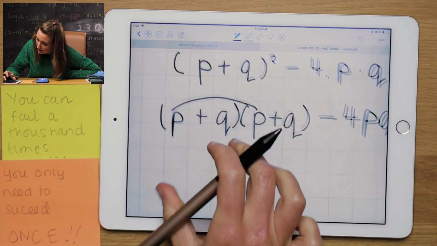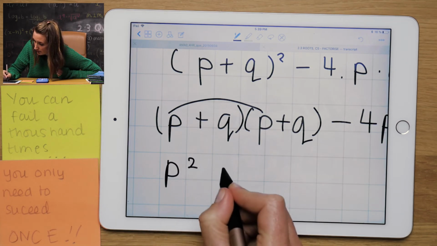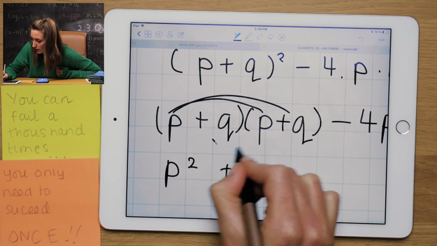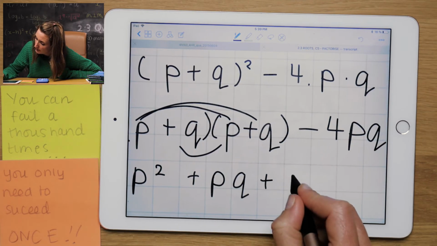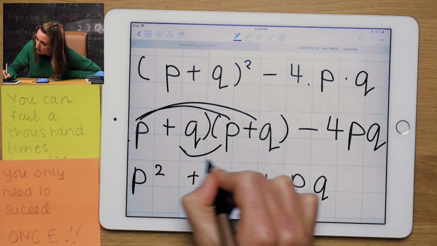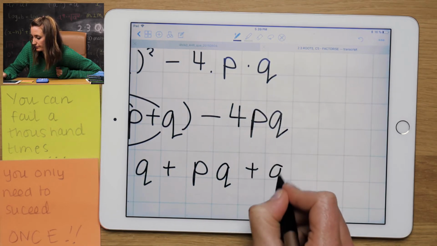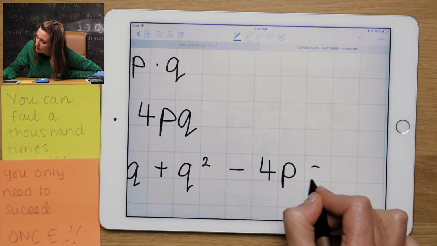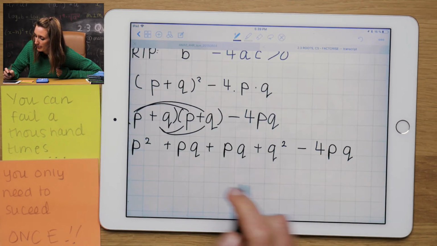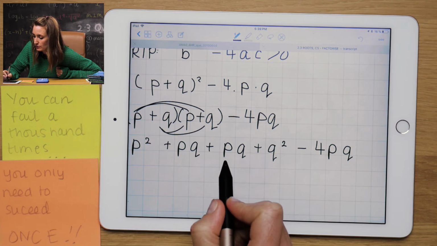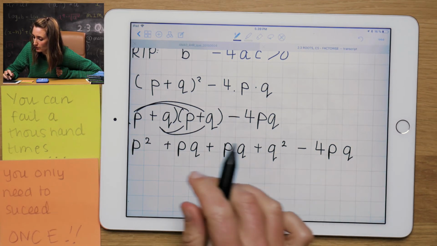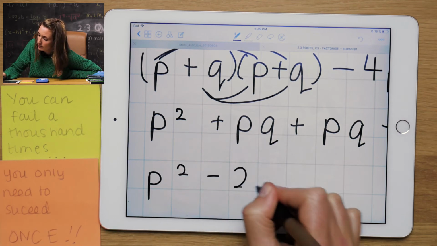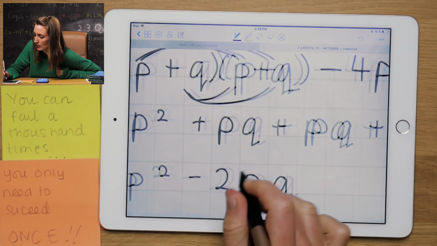If I multiply this out, I'm going to get p squared plus pq plus pq plus q squared, and I have minus 4pq. The pq plus pq is 2pq, minus 4pq, which in total is going to be p squared minus 2pq plus q squared.